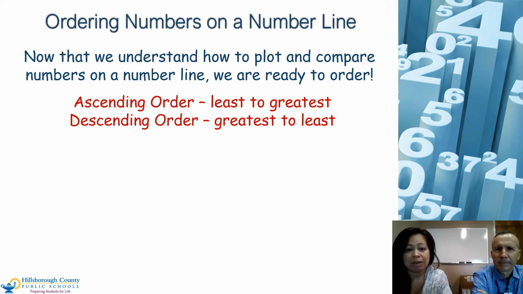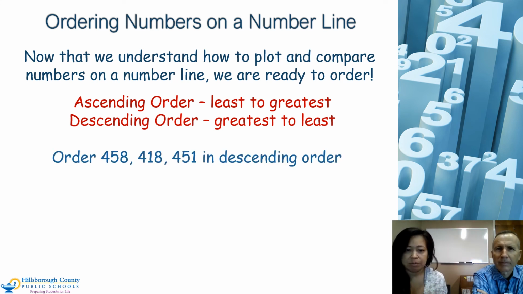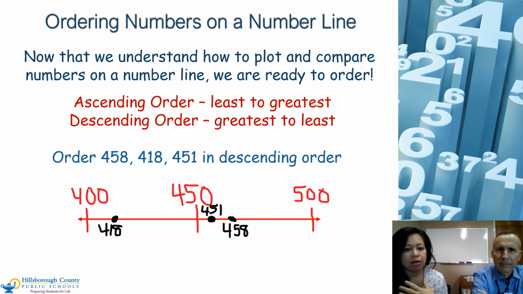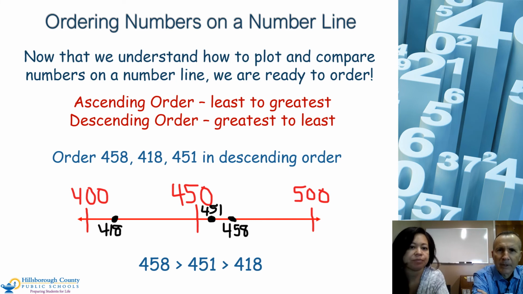So we want to make sure we're using the language least to greatest, but we also want to make sure we are using the language of ascending as well as descending order. If we're using it, our kids will use it as well, and we can say, I want you to put these in descending order or least to greatest, so they're hearing what the descending or the ascending means. That makes sense.